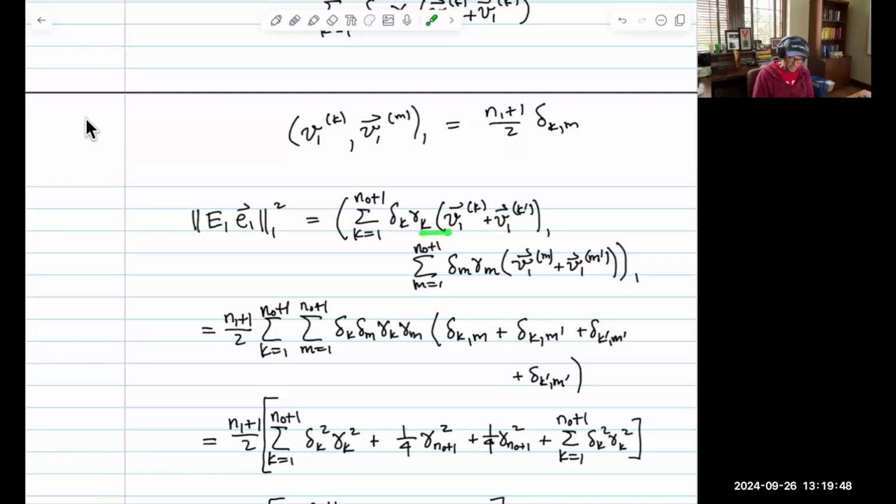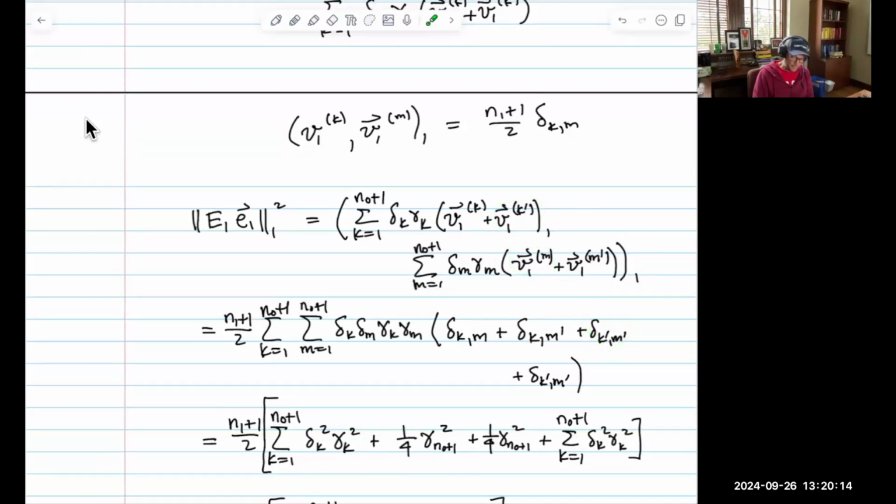So I just did 2 steps here. I brought that normalization constant out, and then I put all of my Kronecker delta symbols inside these parentheses. So I get 4 Kronecker deltas. For example, this guy here, when I multiply with that, gives me a K prime M Kronecker delta, and that's that guy.